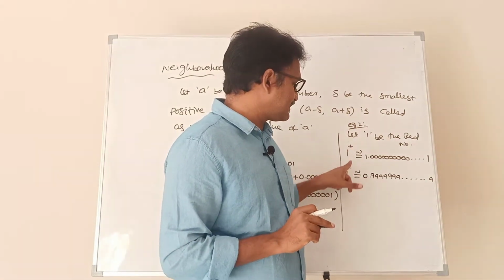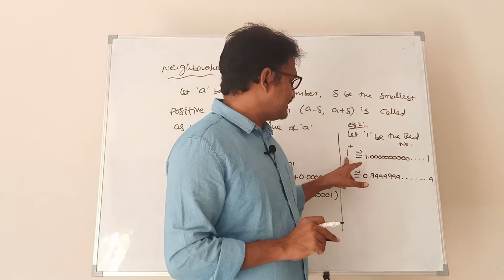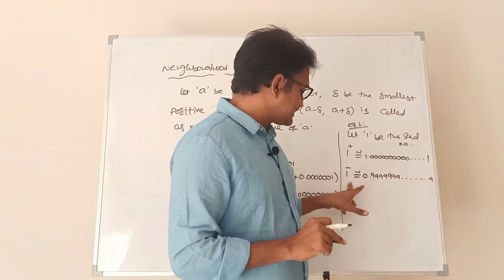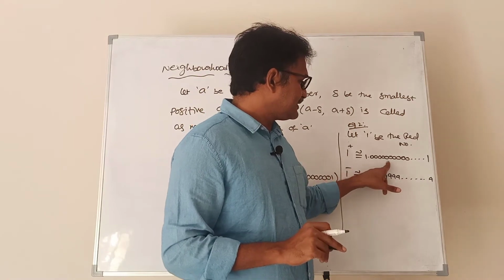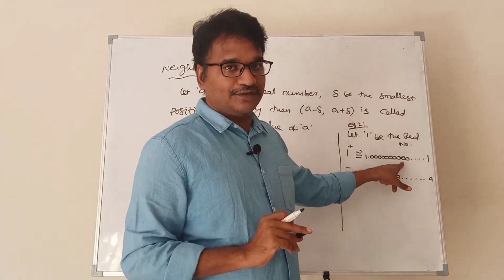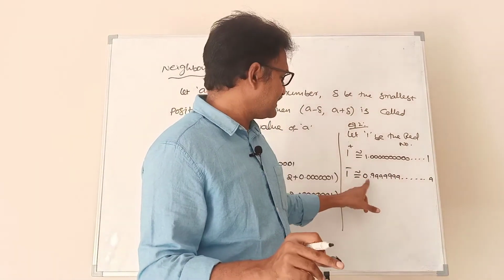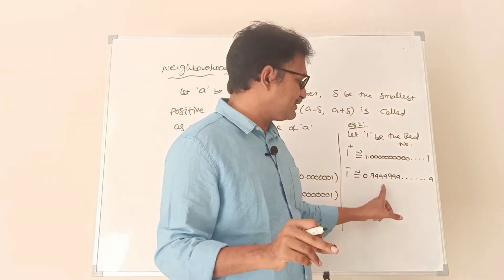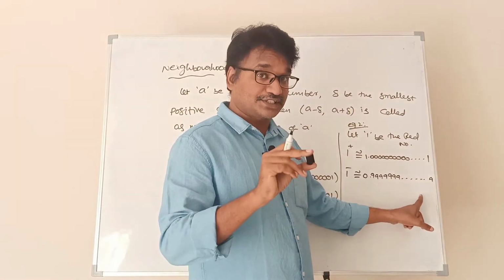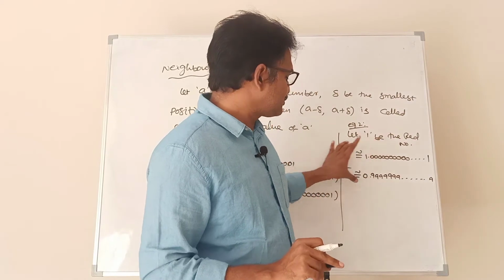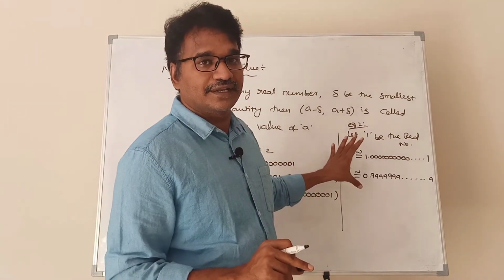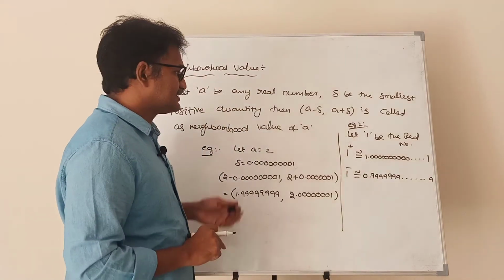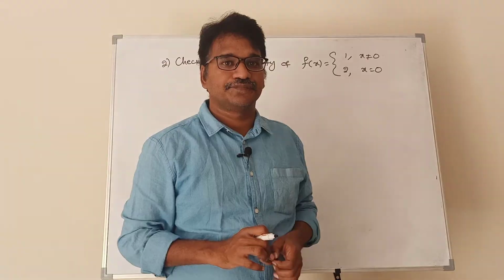Then we will use 1 plus and 1 minus. 1 plus means approximately equal to 1, and 1 minus means approximately equal to 1. But 1 plus is approximately equal to 1 but not equal to 1, just more than 1. 1 minus is approximately equal to 1 but not equal to 1, just less than 1. So these two values are called neighborhood values of 1. This is the concept of neighborhood value.